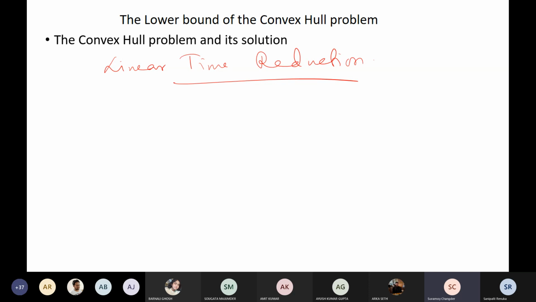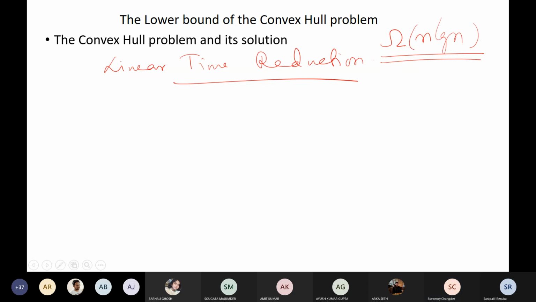So let us consider any comparison based sorting technique, and we know that the lower bound for any comparison based sorting technique is big omega of n log n.